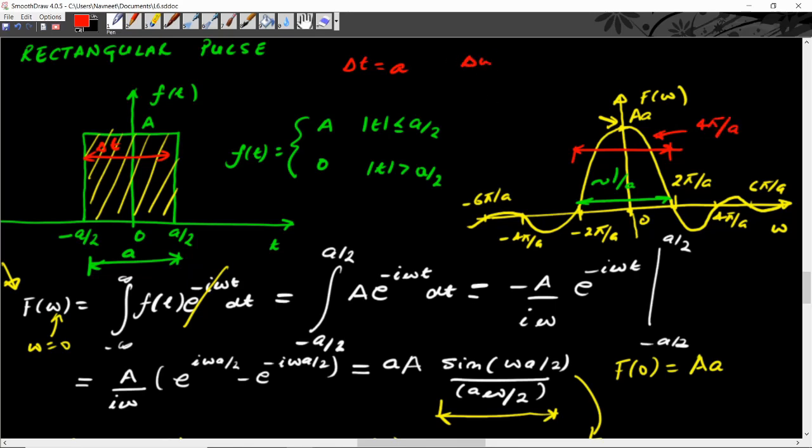So my bandwidth I can say is delta omega equals 4 pi over a. Therefore, for a rectangular pulse, the product of the pulse width and the bandwidth is given by 4 pi.